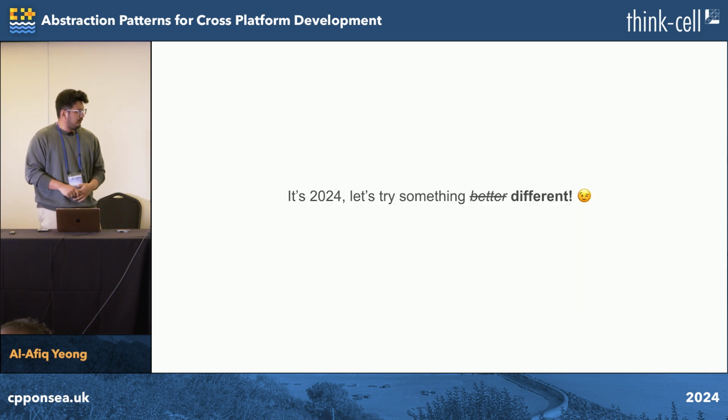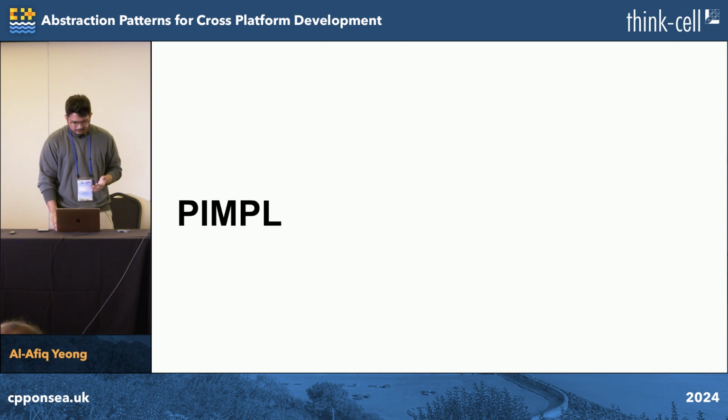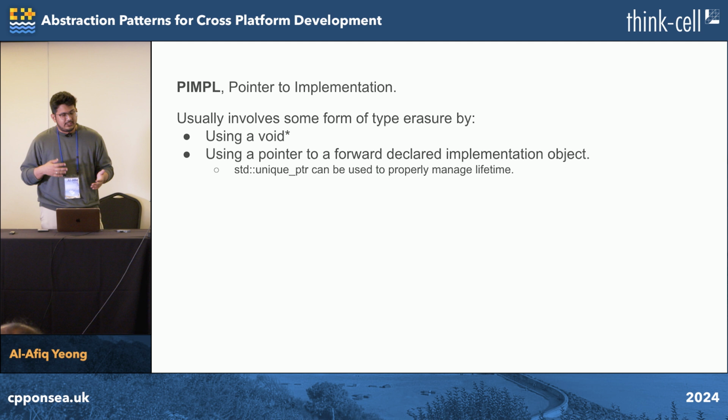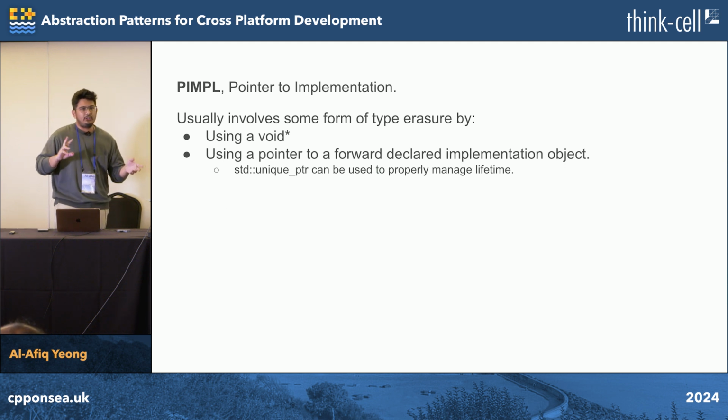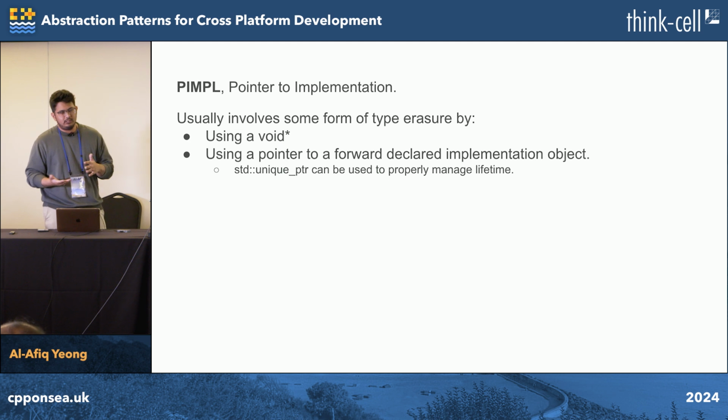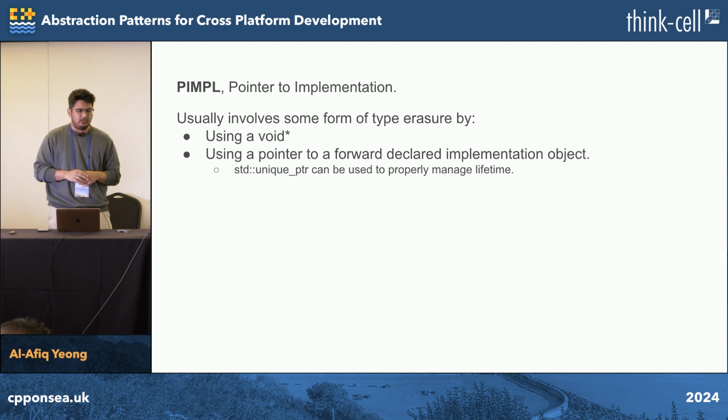So it's 2024, let's try something different. And the different thing that we're going to try is, we're going to create an abstraction for our cross-platform code with the PIMPL idiom. Now, PIMPL stands for pointer to implementation. The basic idea is that we hold a pointer to the implementation with a void pointer, or you could forward declare the implementation as a pointer, or if raw pointers are not your thing, then you could wrap it inside of a std unique pointer.